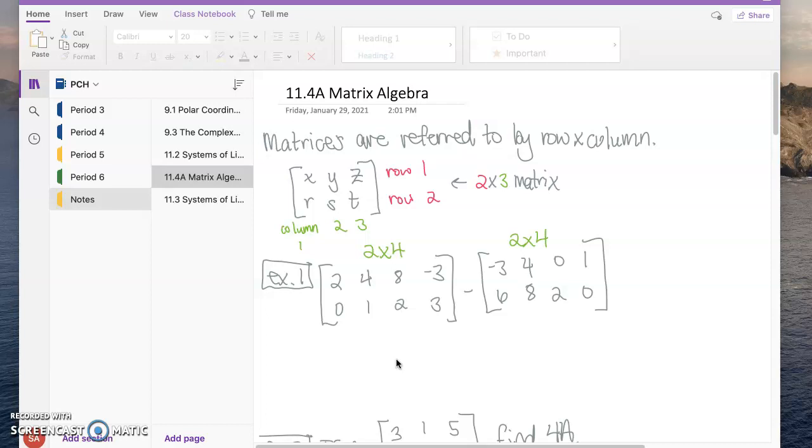So I'm not going to color code every single one, but I'm going to start with some of them. So I'm going to go 2 minus -3. So now be careful with your signs. We're subtracting -3, so that's going to be a plus, right?